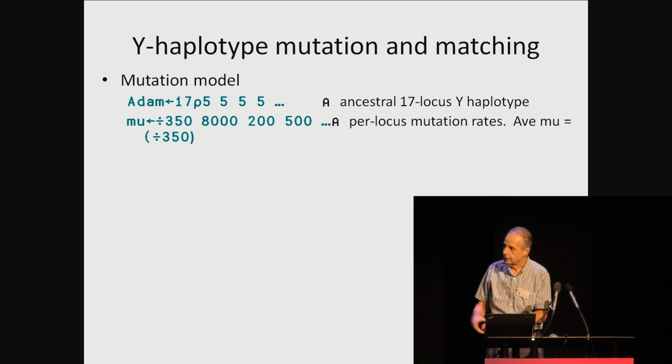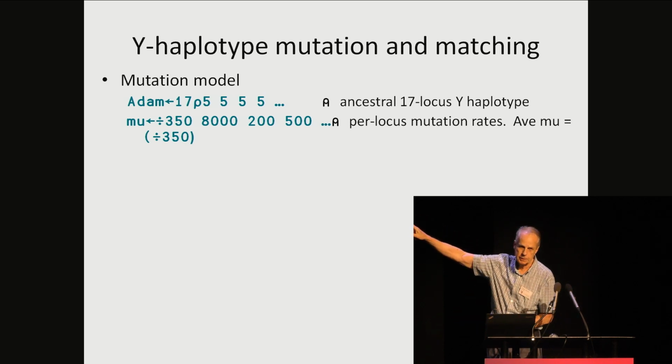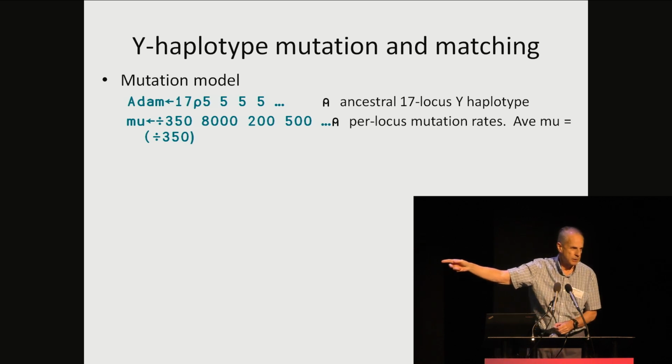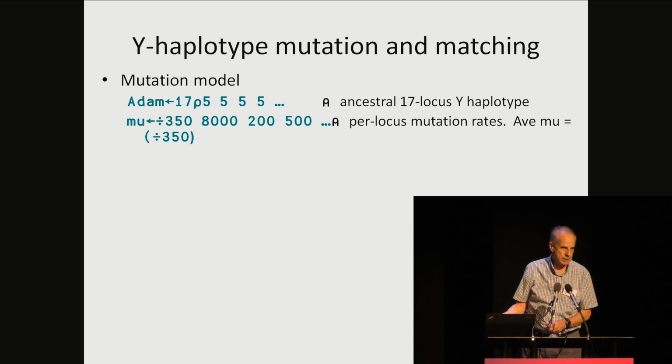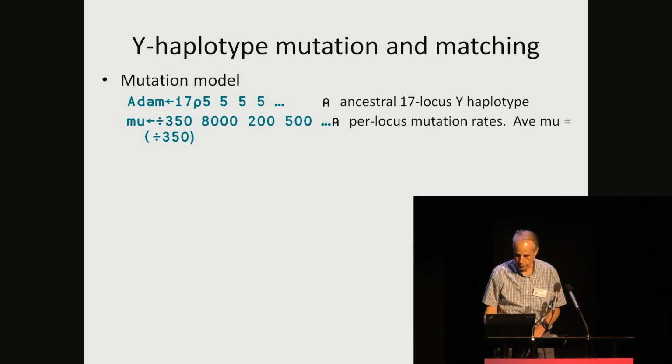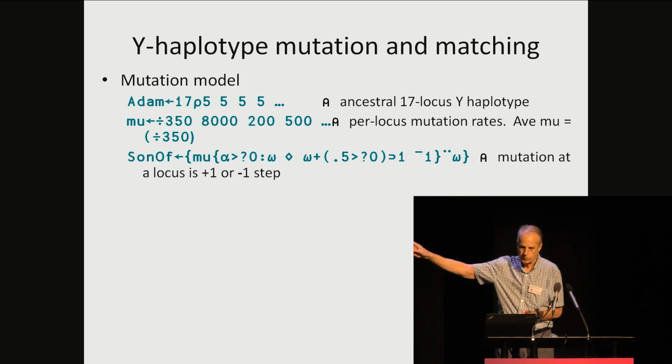These mutation rates average 1 in 350 generations, so that comes to a few thousand years between mutations at each locus. But since there are 17 chances, that comes down to more like a few hundred years between changes in a particular lineage.